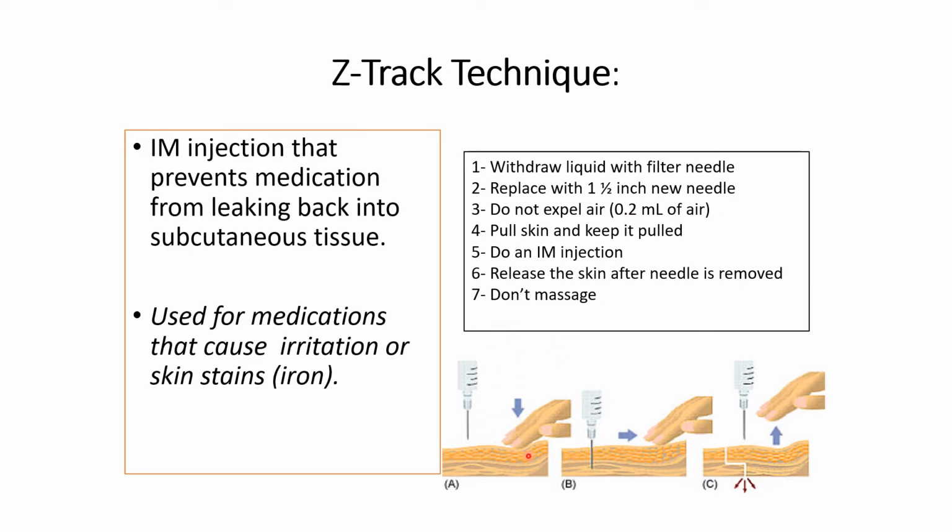Then, after cleaning the skin and before penetrating the skin with the needle, you pull the skin in one direction and keep the skin pulled. Penetrate at 90 degrees, inject the substance, remove the needle, and then after you remove the needle, you release the skin, and the skin returning to the original position will make a Z-shaped track that prevents the liquid in the pocket from returning to the skin, producing staining or irritation.